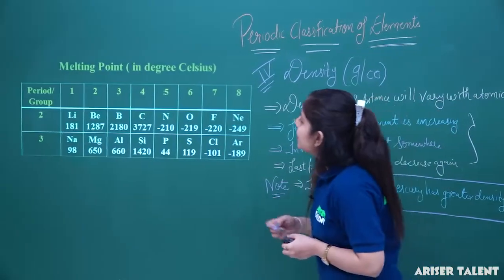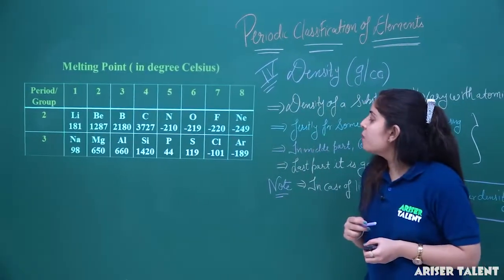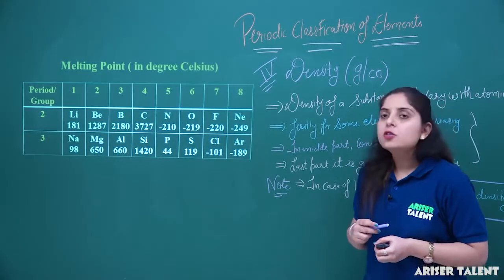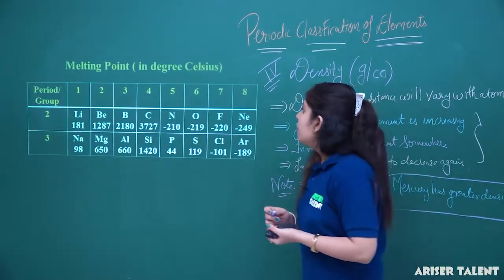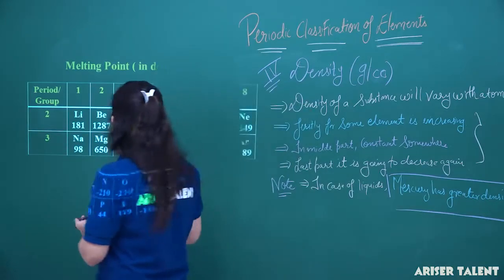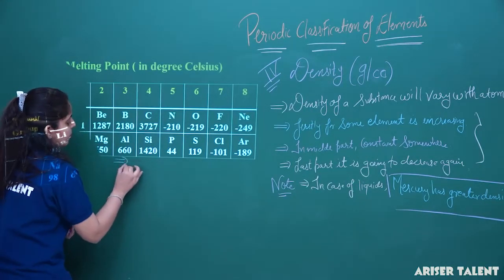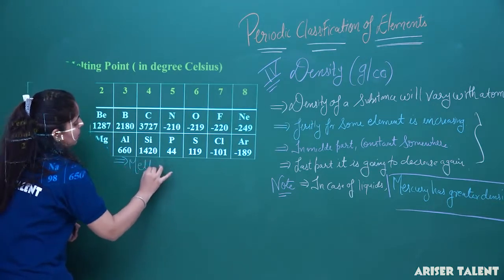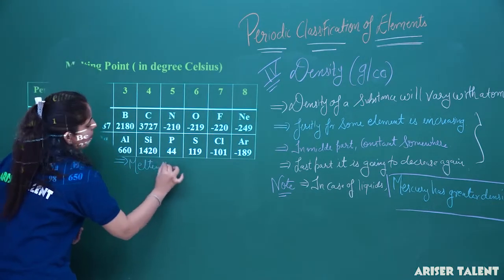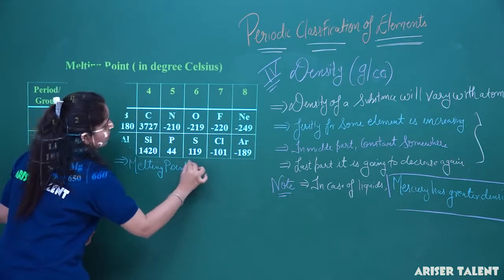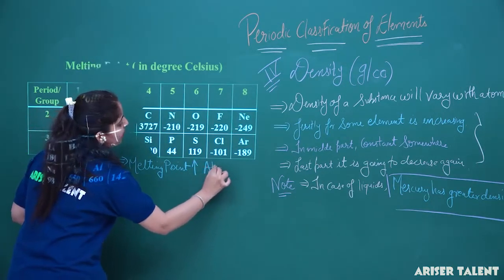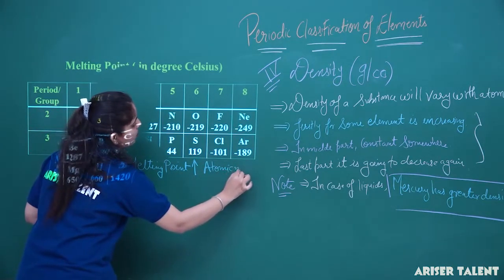So this is a curve for the melting points we have observed in some cases. According to this periodic trend, we can observe that melting point increases with increasing atomic number.